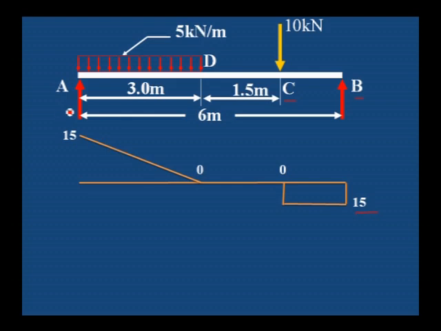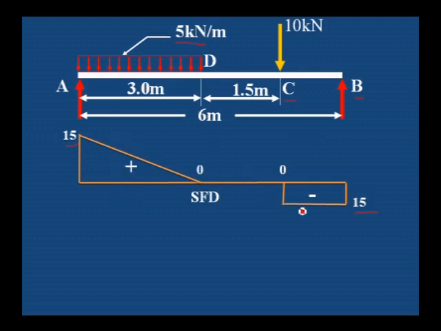Then at A it is 15 kilonewton. From A to D we have to draw an inclined line, where the uniformly distributed load is there. At that portion the shear force diagram will be an inclined line. Then close the polygon. This is the shear force diagram for the given beam.